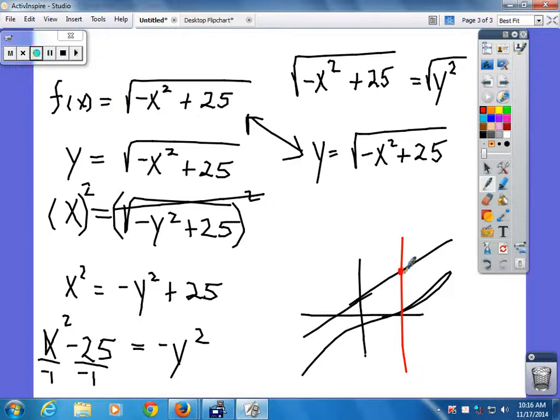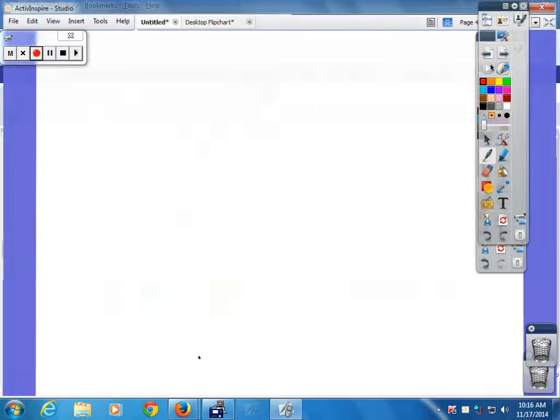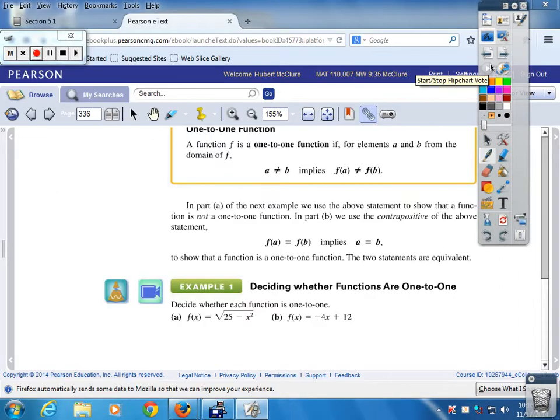So that one's a one-to-one function, and this one's a one-to-one function. It only crosses the line one time. That's a vertical line test. And that's what that implies right there.